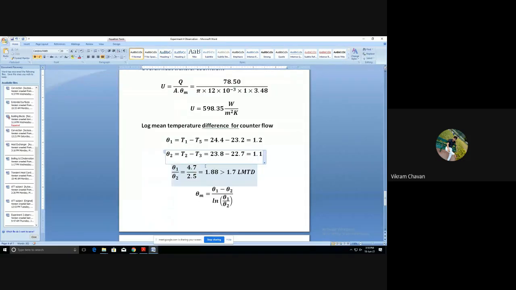Once again check this ratio theta 1 to theta 2, whether it is greater than 1.7 or less than 1.7. 1.2 divided by 1.1, how much is it?